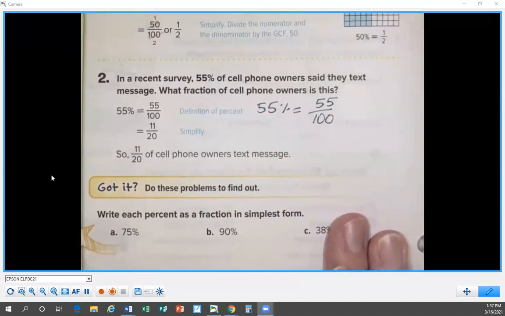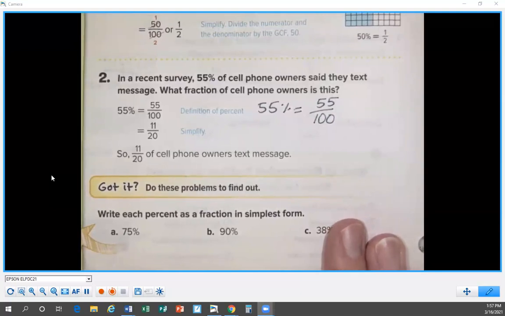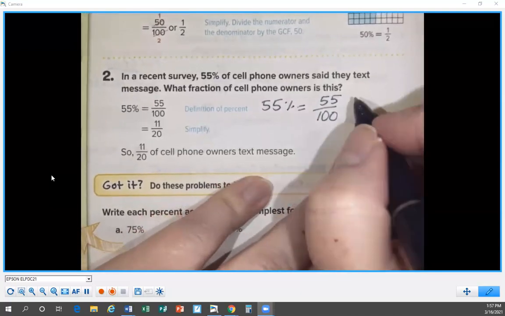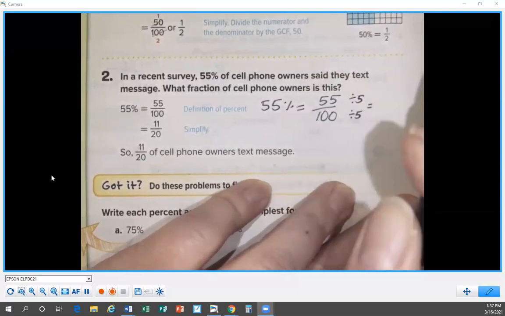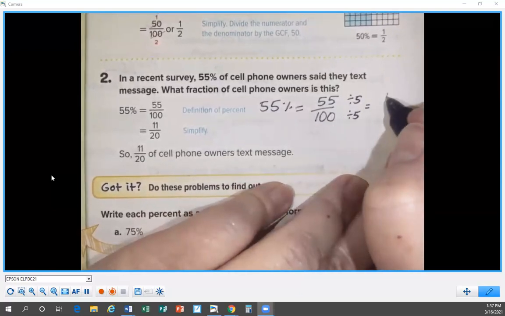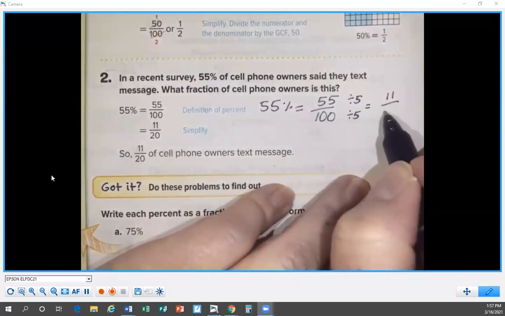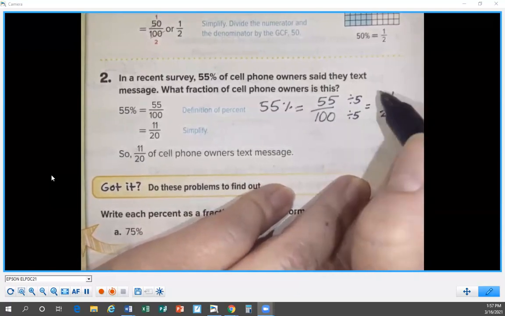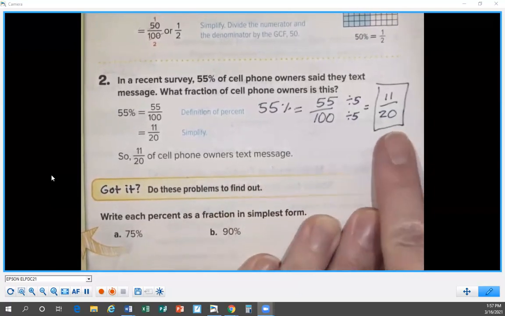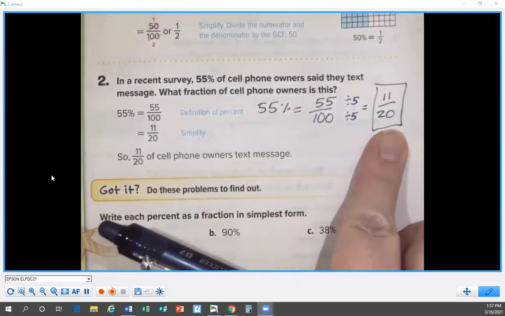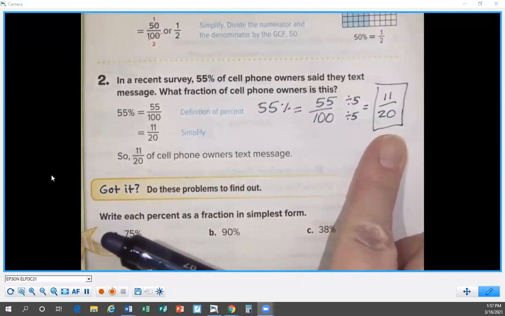Looking at 55 and 100, those are both divisible by 5. So I'm going to divide each of those numbers by 5. 55 divided by 5 is 11. 100 divided by 5 is 20. So I get 11/20, and they can't be simplified further. That's as simplified as the fraction gets.